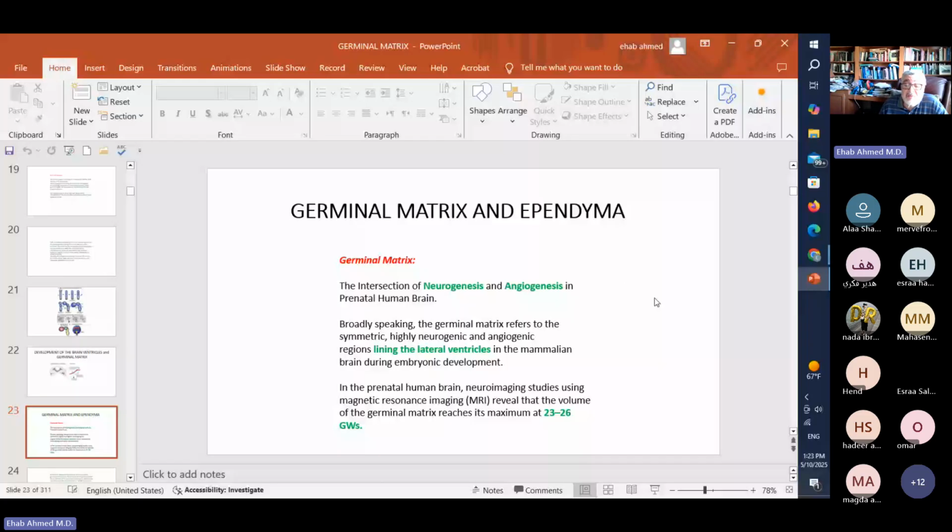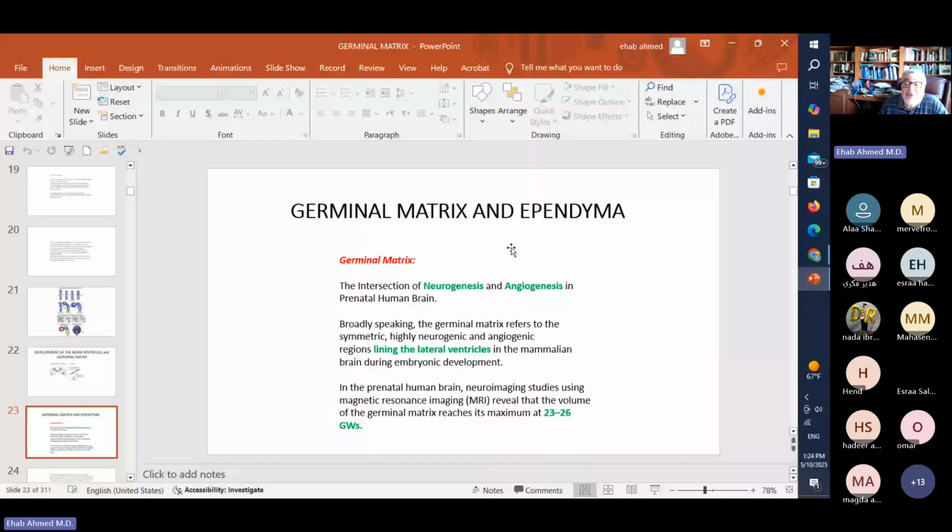It starts around the age of 20 weeks to form. No, before that, the germinal matrix starts to form neuronal cells and blood vessels. And this is in the germinal matrix under the ependyma, which is the lining of the ventricle.